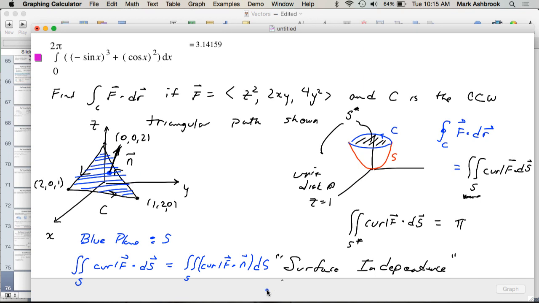So what variables will I use, and how will I project this and finish it? Then we're just going to have a double integral, so we need variables for the double integral. The easiest thing to do is project into xy. Projecting into the xy just means taking these triangles and taking the z component off, just flattening that thing into the xy plane.